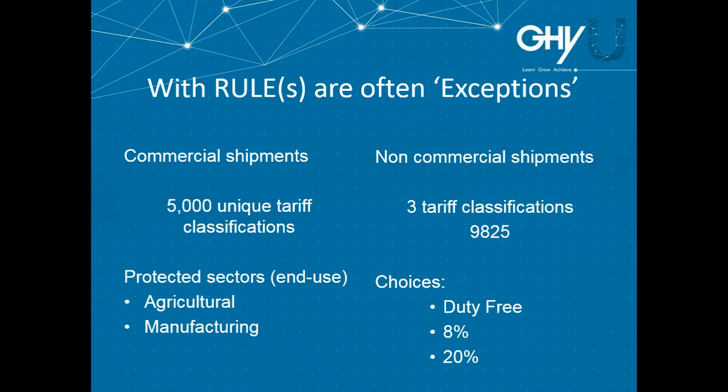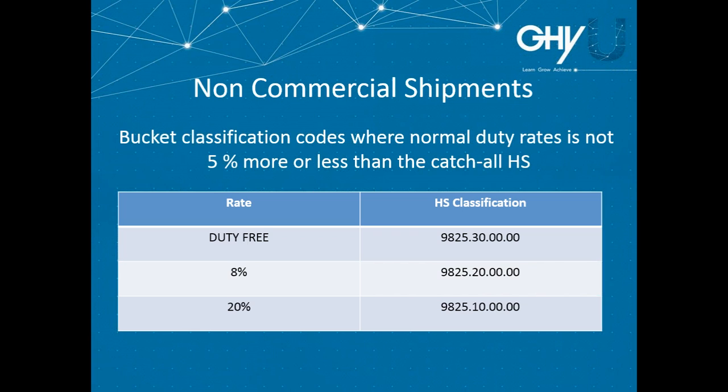So you'll see down below the choices are duty-free, 8%, and 20%. Here's a better breakdown for non-commercial shipments. As I said earlier, it kind of puts it into a bucket. Bucket classification codes where normally the duty rate is not 5% or more or less than the catch-all HS. If you're a non-commercial user, these goods generally are imported by mail or courier or for personal or household use.